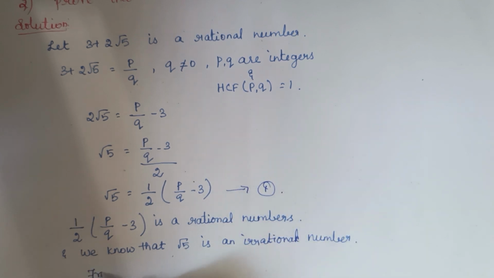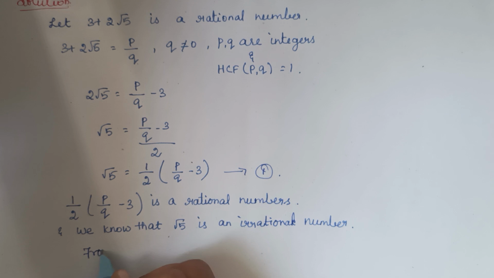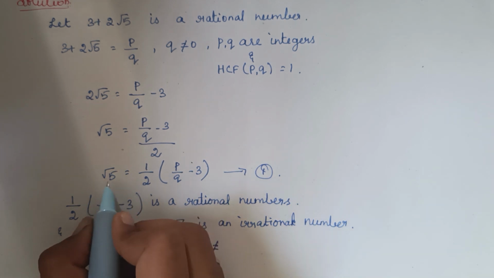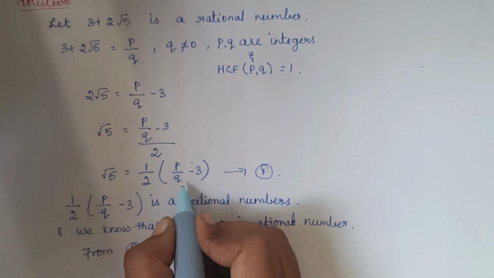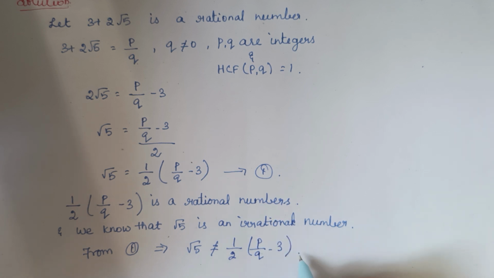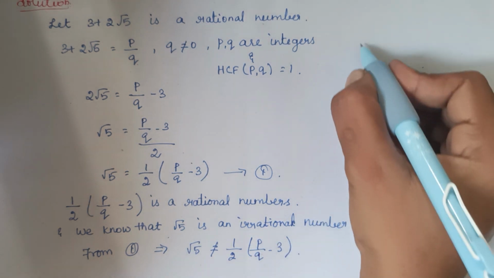So from equation 1, root 5 is not equal to 1 by 2 into P by Q minus 3, because root 5 is an irrational number and the other side is a rational number, right? Which is against our assumption. Our assumption is wrong.